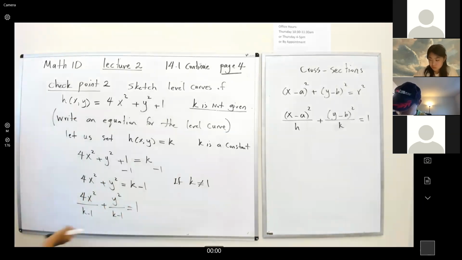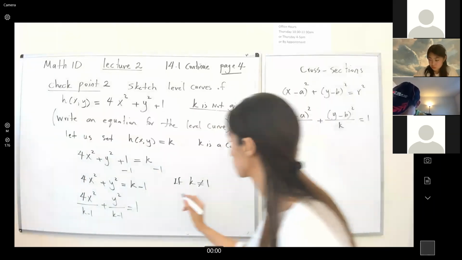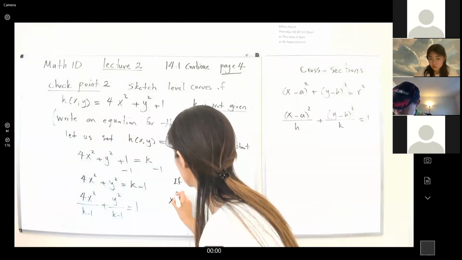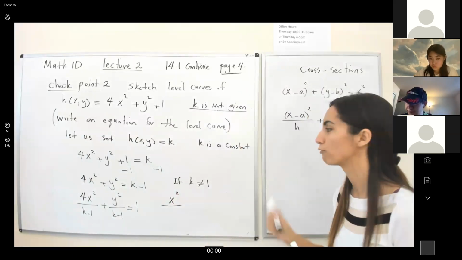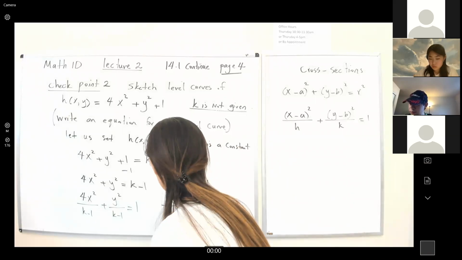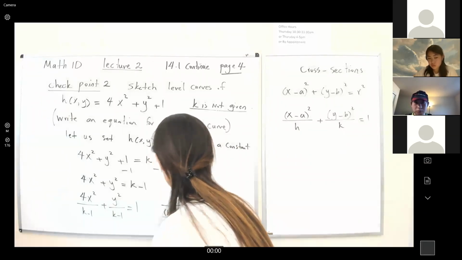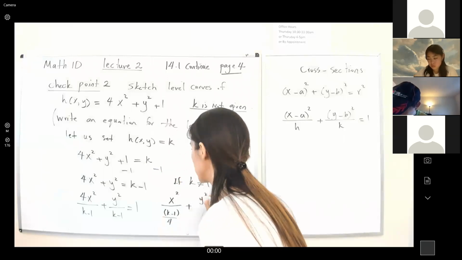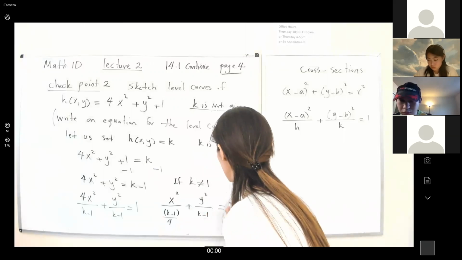Very well. We can rewrite this as x squared divided by (k minus 1) over 4 plus y squared divided by k minus 1 equals 1.